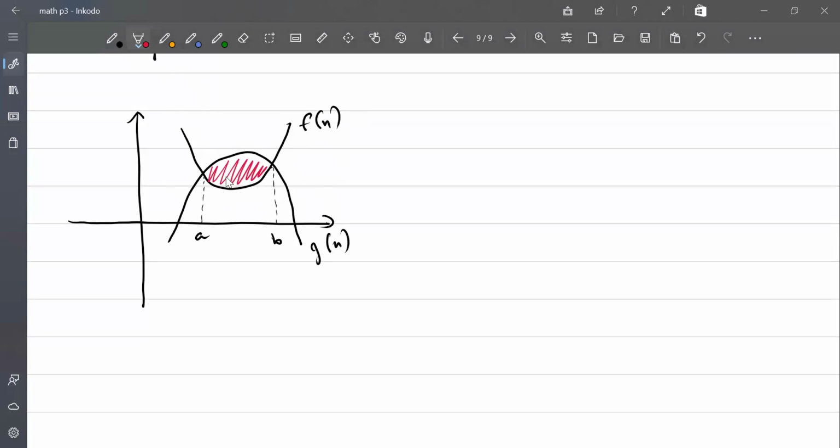So this area is g(x) minus f(x). So the integral from a to b of g(x) minus the integral from a to b of f(x). g(x) minus f(x) will give us this shaded region.